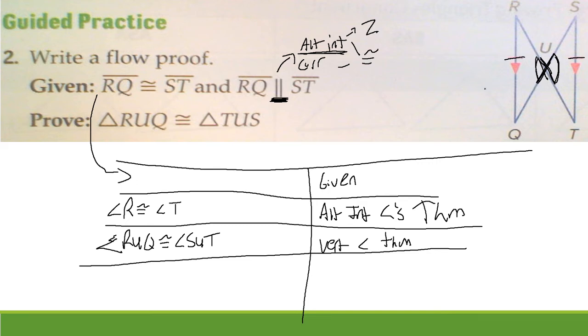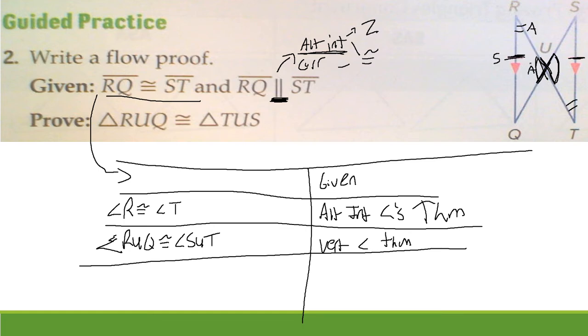So let's take stock of what we have there. We have these two vertical angles congruent. We have angle R and angle T congruent based on alternate interior. And we have that RQ is congruent to ST because that was given to us. So if I look at this here, I have an angle set of matching, I have another angle set matching, and I have a side set matching.